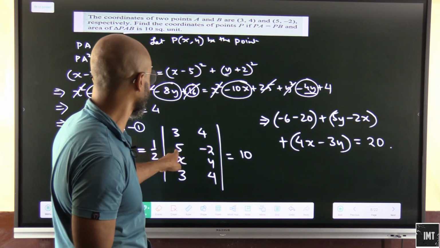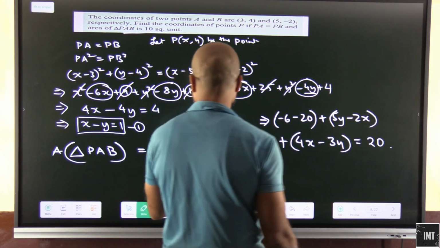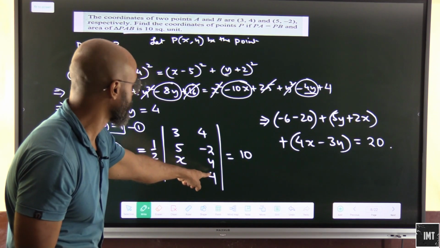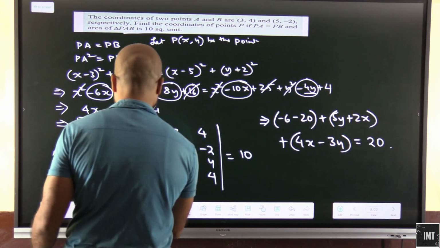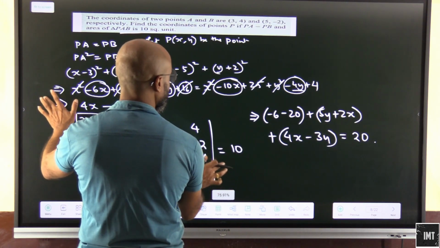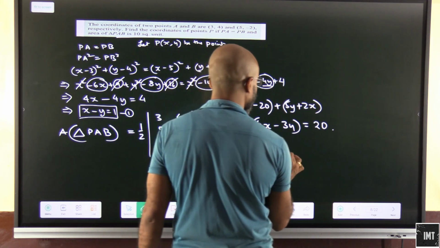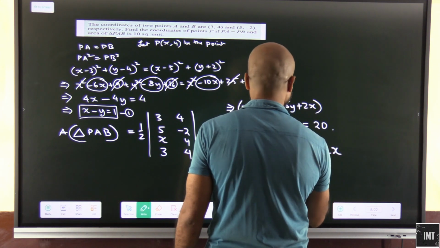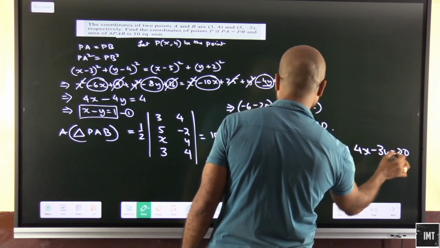So -6 - 20, 5y, plus 2x, and this will be 4x - 3y. This 2 comes here, so it makes it 20. So this will be -26 + 5y + 2x + 4x - 3y = 20.